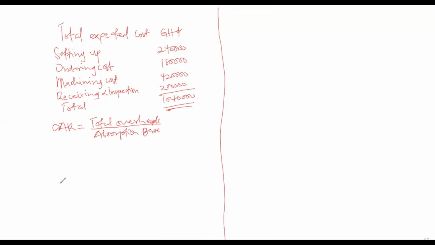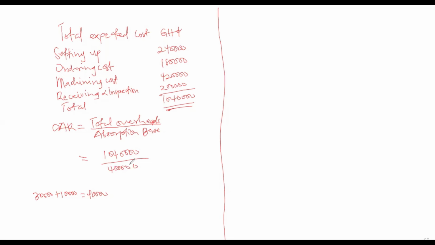So we add the labor hours for both module A and module B and we divide. So the total overheads we have by 477. And the labor hours for module A is 30,000. And the labor hours for module B is 10,000. When you add these two, we get 40,000. So we divide by 40,000.